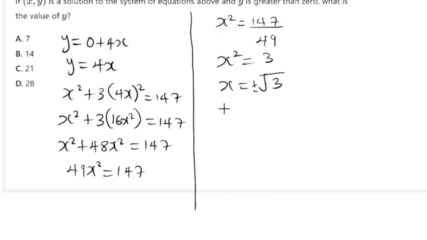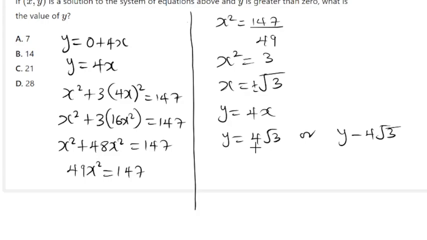But we have y is equal to 4x. So for x is equal to root 3, y would be 4 root 3, and for x is equal to negative root 3, y would be negative 4 root 3.